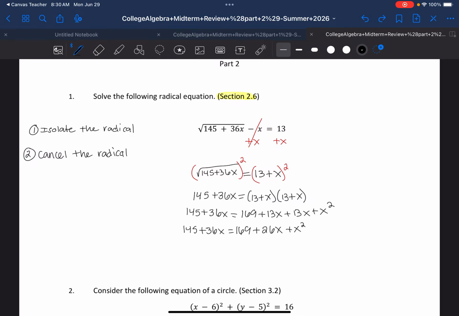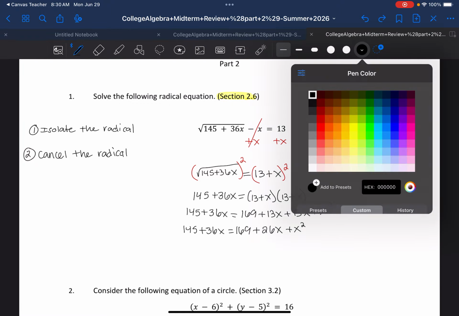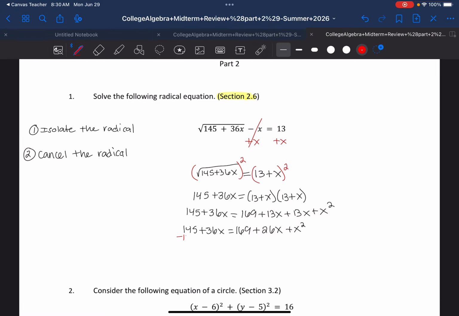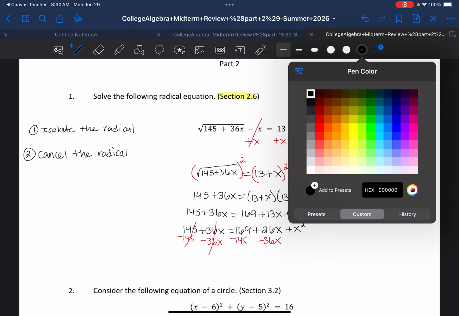So I'm going to start getting everything equal to 0, because to solve a quadratic equation, you want to get it equal to 0. So I am going to subtract the 145 from both sides to cancel it here. And I'm going to subtract the 36x from both sides to cancel it there. So that'll leave me with 0 on the left-hand side.